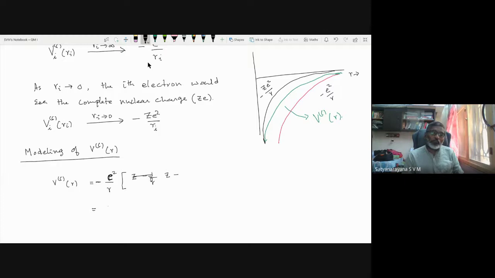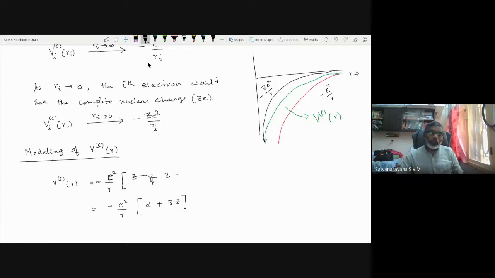That is, I have minus e square by r, and then I have some kind of an alpha plus some beta into Z. So alpha and beta into Z.